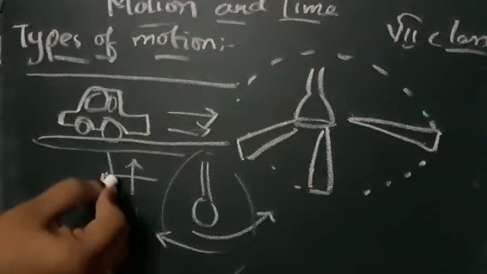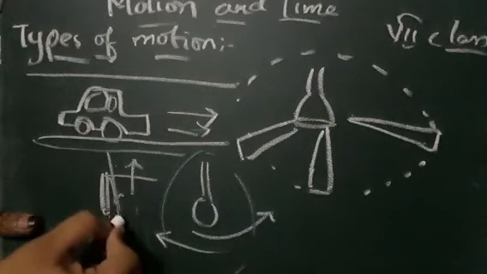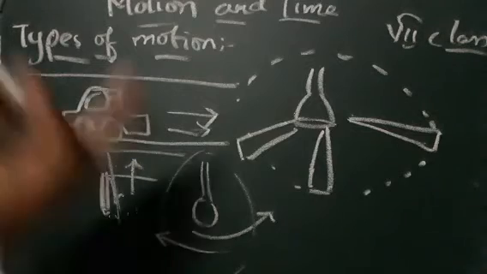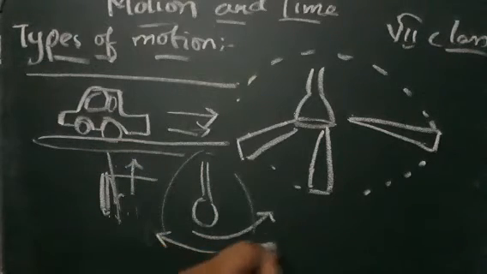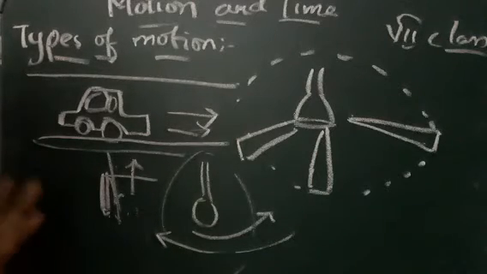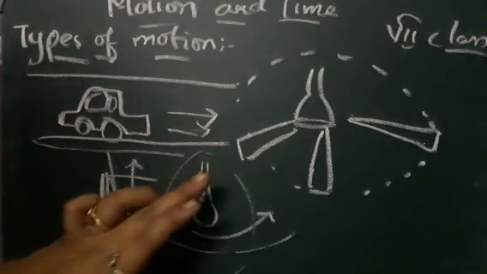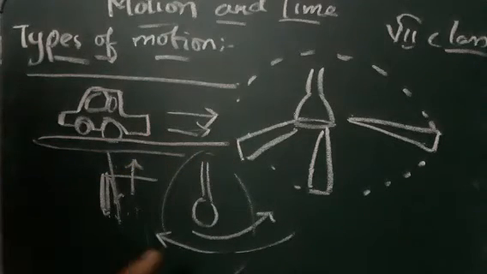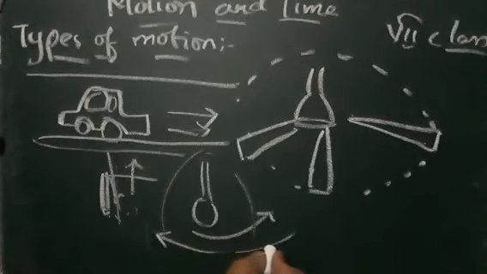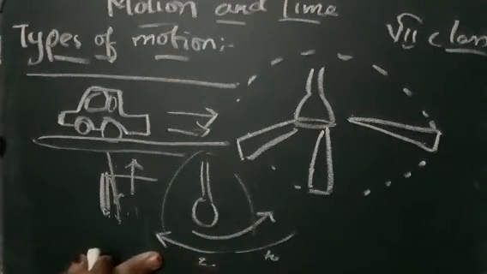Here the direction is sometimes up and sometimes down, and here sometimes forward, sometimes backward. Yes, so here we see the car is moving in a straight line, the blade is in a circular path, the needle is up and down, and the pendulum is in to and fro motion, forward and backward motion.